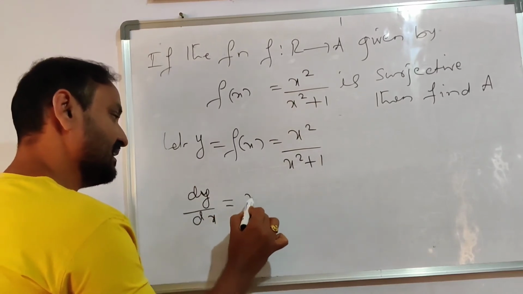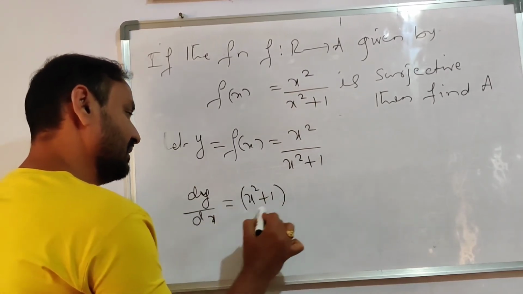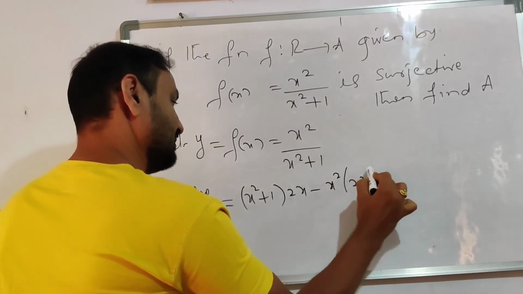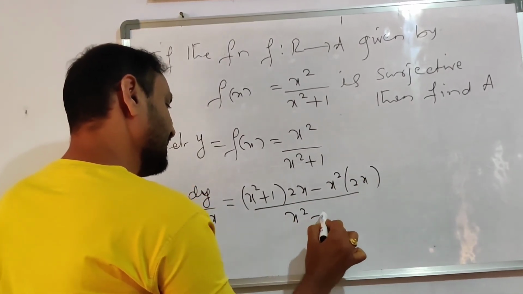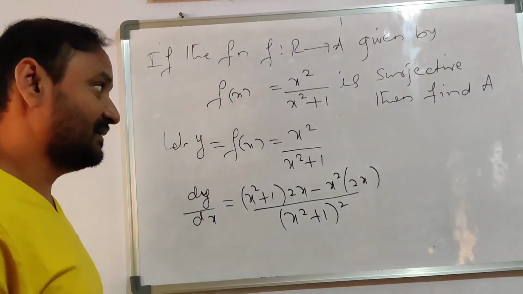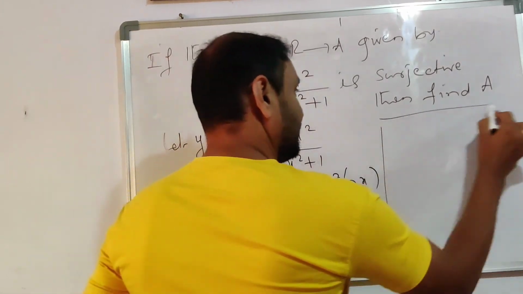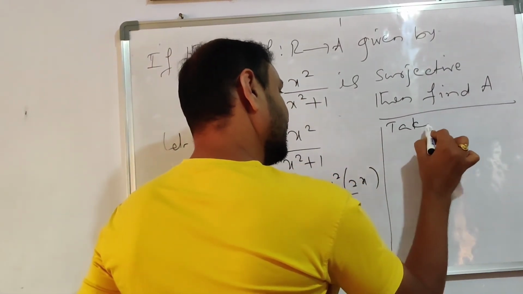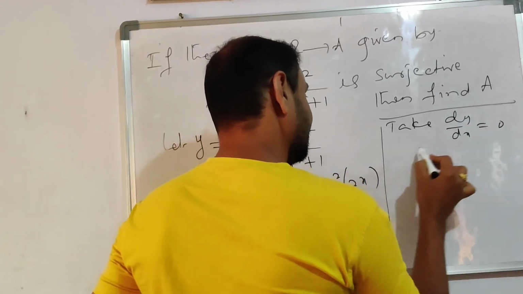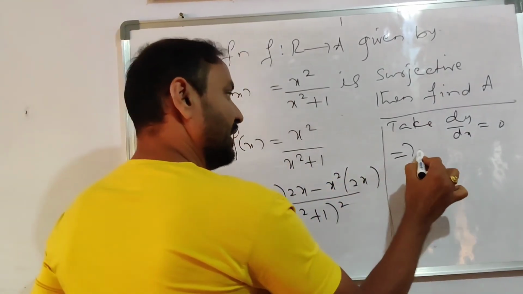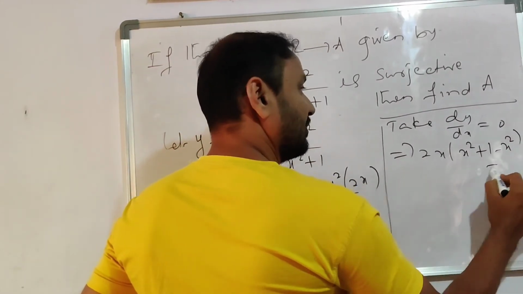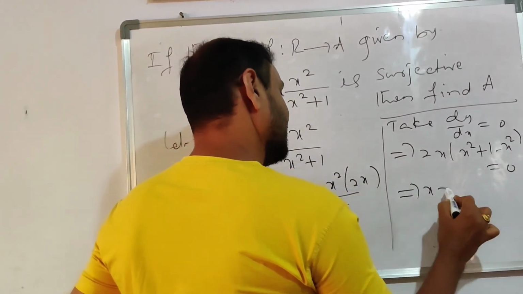This is (x square plus 1) into 2x minus x square into 2x, by (x square plus 1) whole square. So u by v method. From this, take dy by dx equal to 0. From that we get 2x common, (x square plus 1 minus x square) equal to 0. That means x equal to 0.